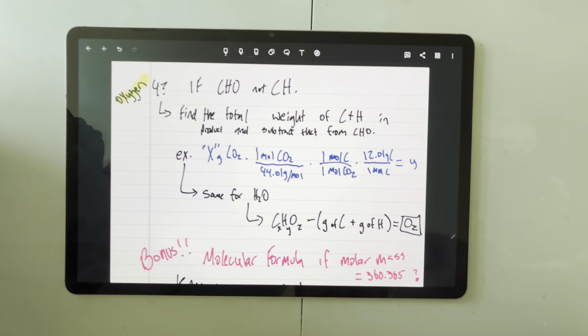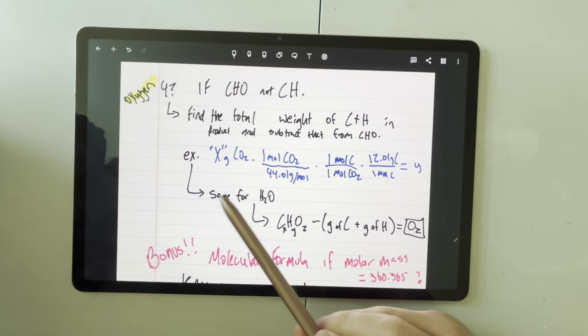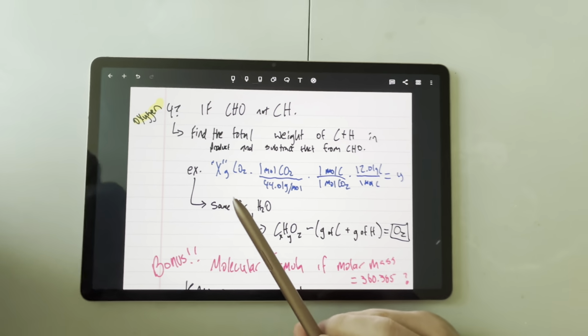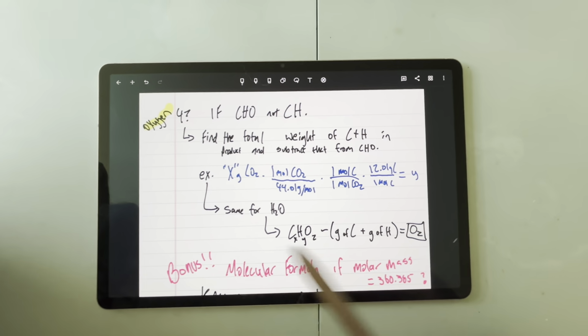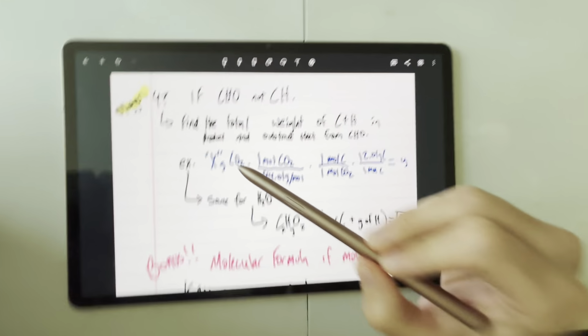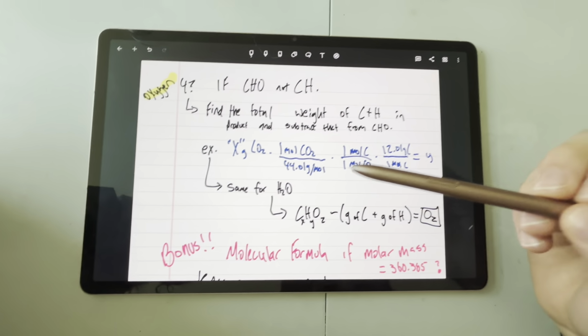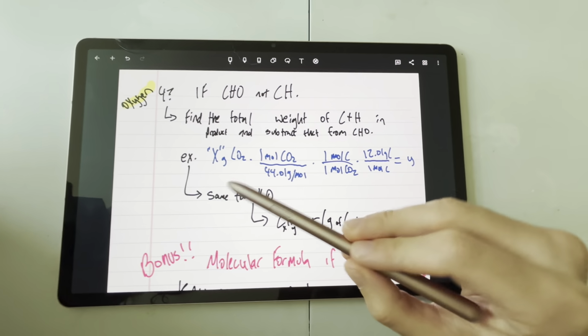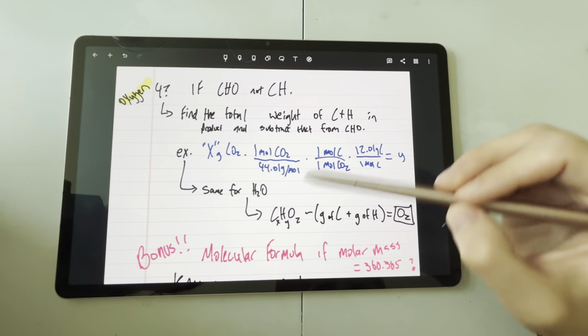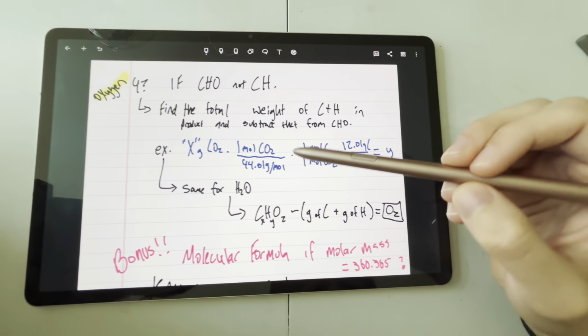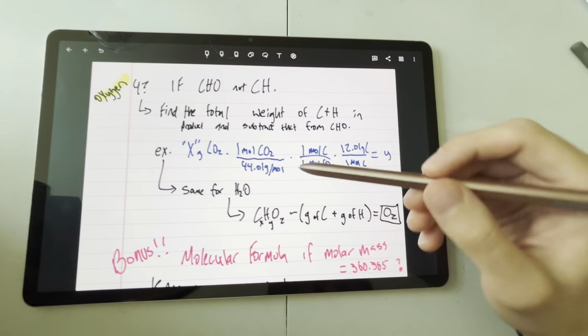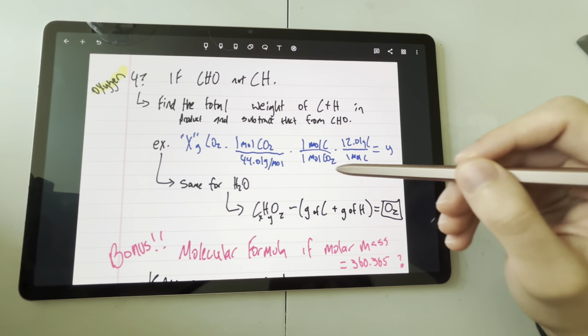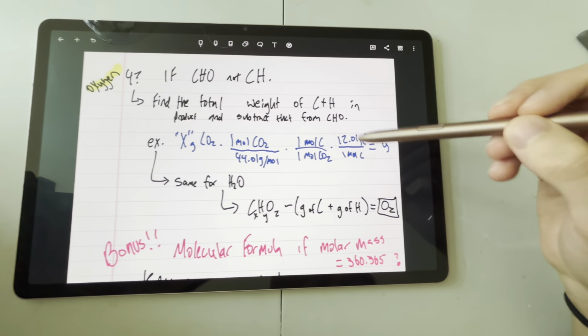Okay? So we're going to think of this now in terms of variables a little bit, just to make it more of a blanket statement. So we have X grams of CO2. And we're going to move these grams into moles with our gram to mole ratio. Then our molar ratio of C to CO2 is just 1. Just as last time.